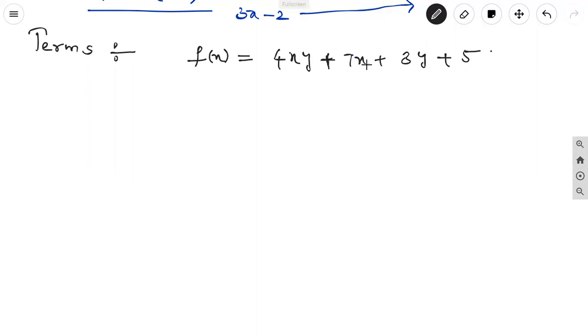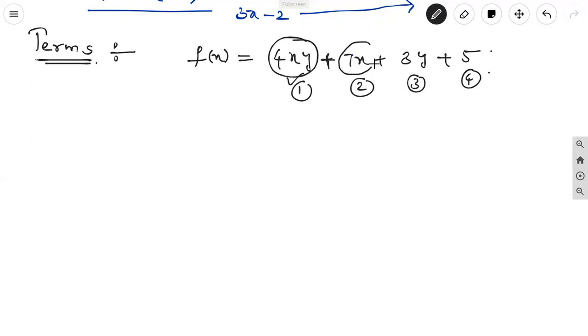Here 4xy is the first term, 7x is the second term, 3y is the third term, 5 is the fourth term. So what is a term? A term is nothing but the values that are there in between the algebraic operations, addition or subtraction. 4xy is one term, 7x is another term, 3y is another term, 5 is another term.